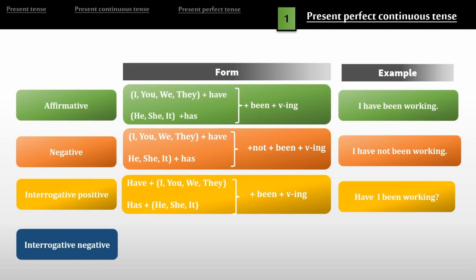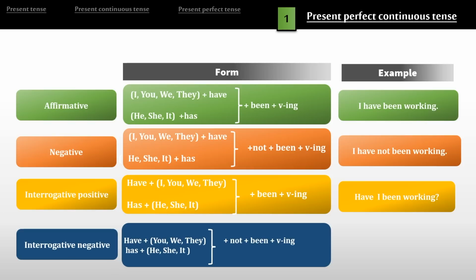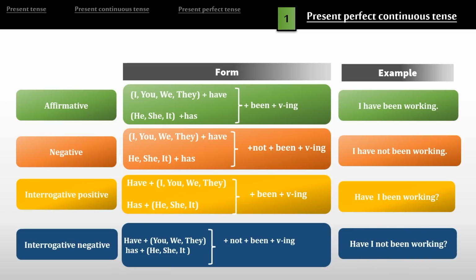Interrogative negative. Have plus I, you, we, or they plus not plus been plus verb ing, and has plus he, she, or it plus not plus been plus verb ing. Example: have I not been working?